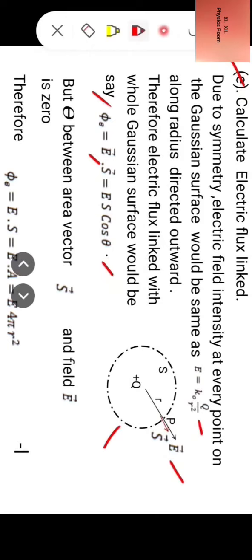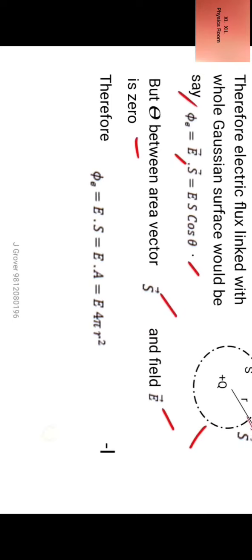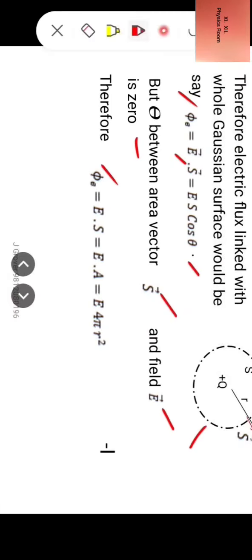But theta between area vector S and electric field vector E is 0. Therefore, electric flux phi E is equal to E into S, or E into area, or it is equal to E into 4 pi r square. Let us mark it as equation 1.